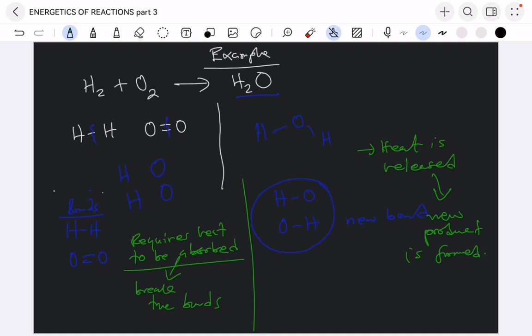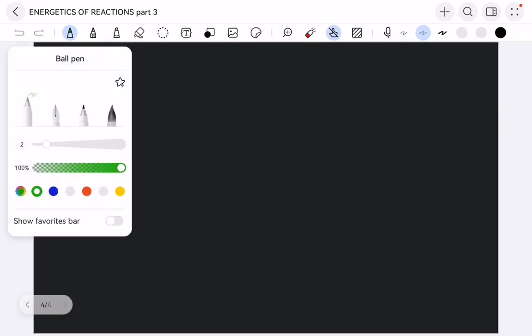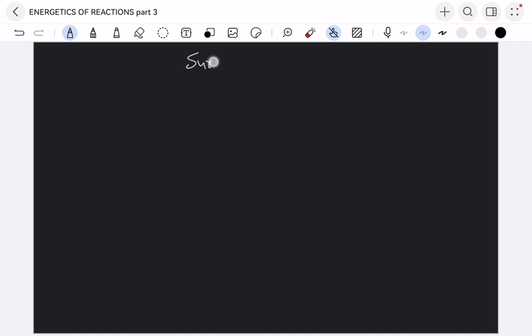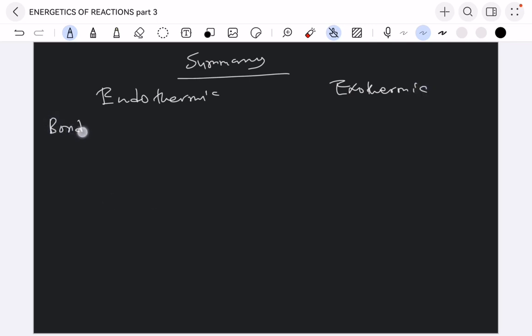So we can understand exothermic and endothermic in summary. In summary, what we mean is endothermic and exothermic can be understood in terms of bonds, can be understood in terms of energy, can be understood in terms of enthalpy change.